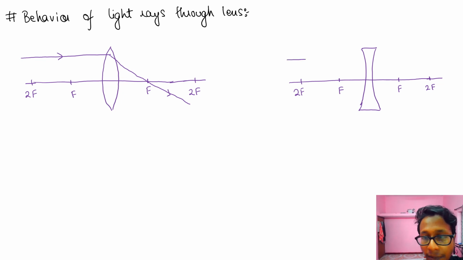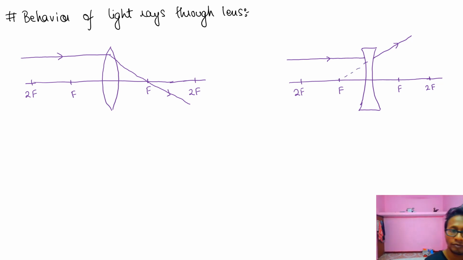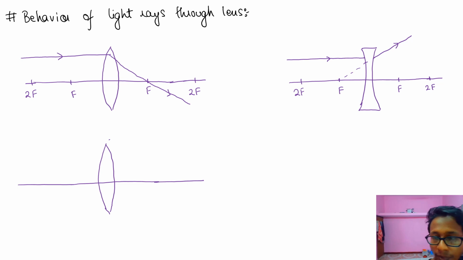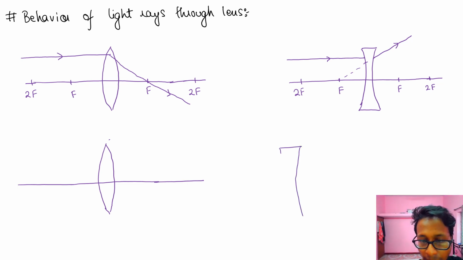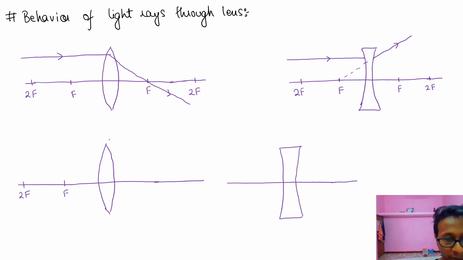So any parallel ray will diverge, but if we trace back the divergent ray, it will appear to converge at focus.